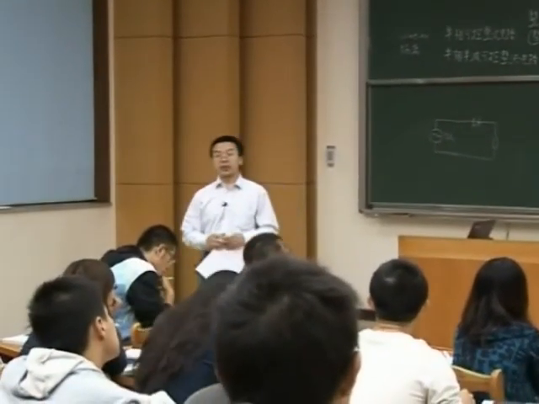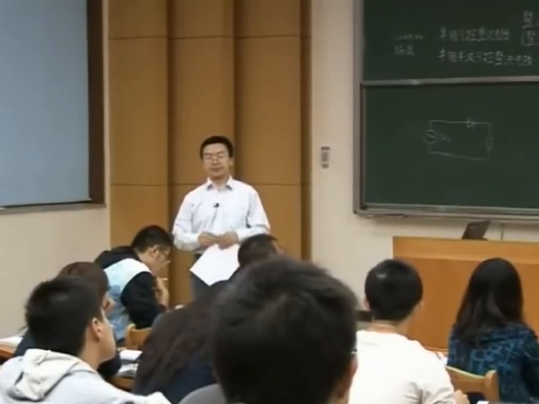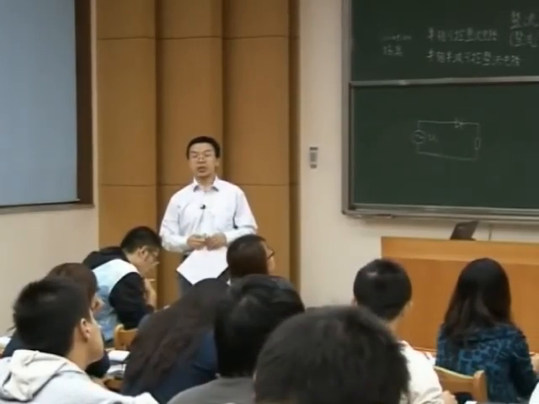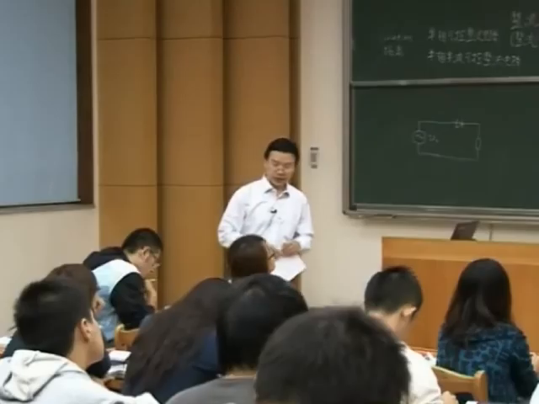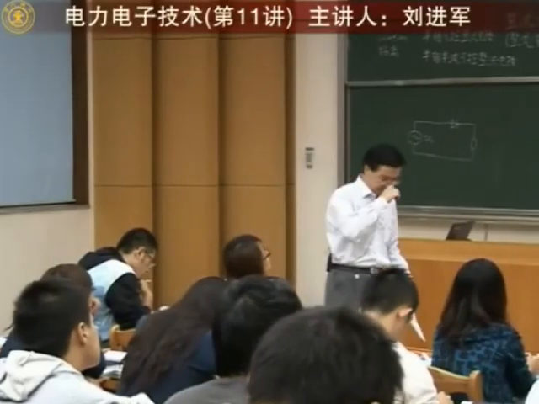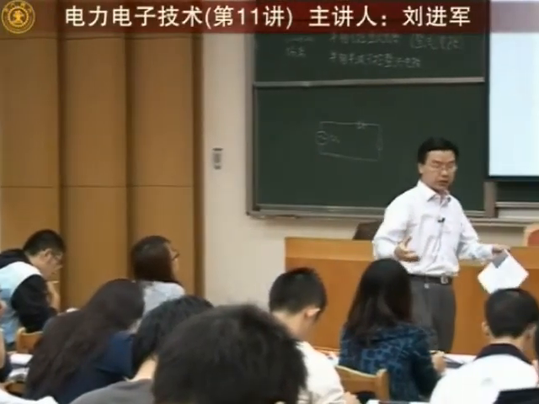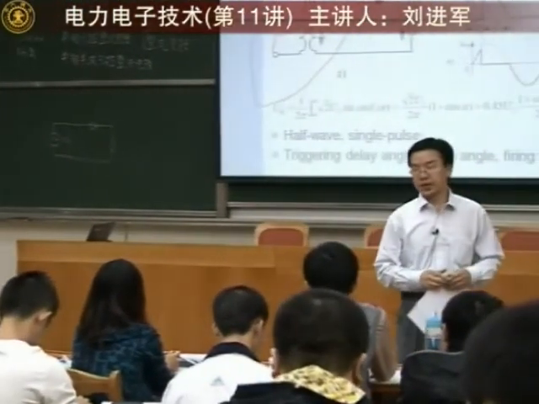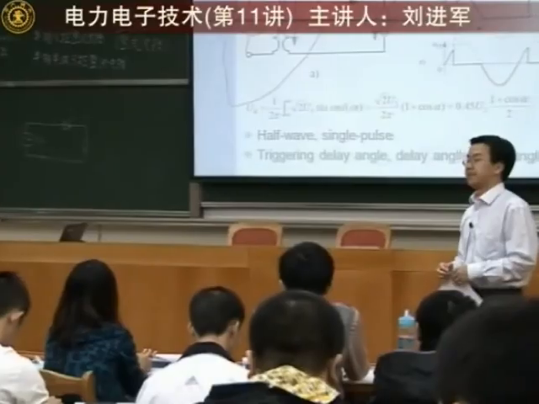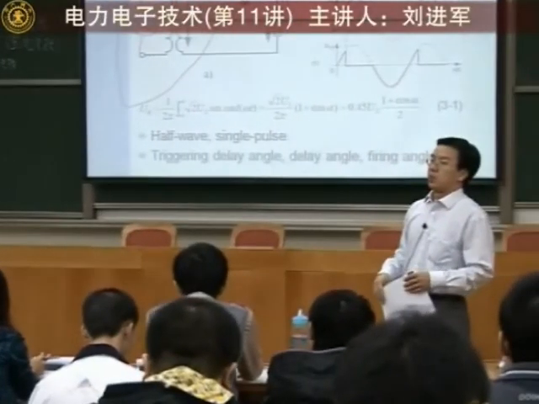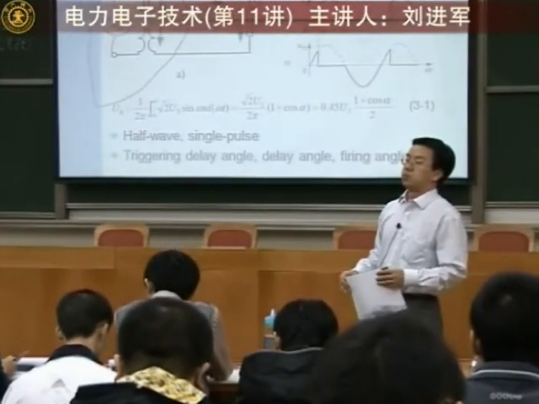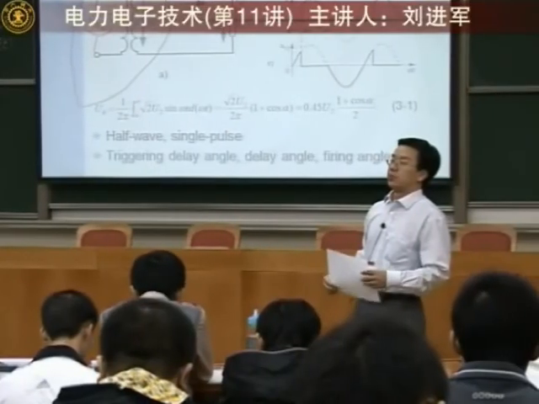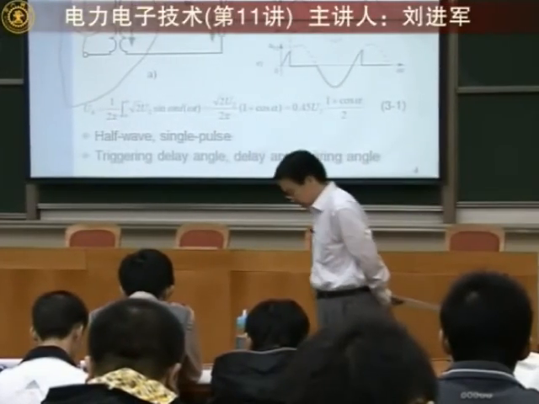If we start to analyze this circuit, do you have any suggestion how we start to analyze? When you look at a circuit with thyristors, how do we analyze this circuit? You have any idea? Let me give you a hint.